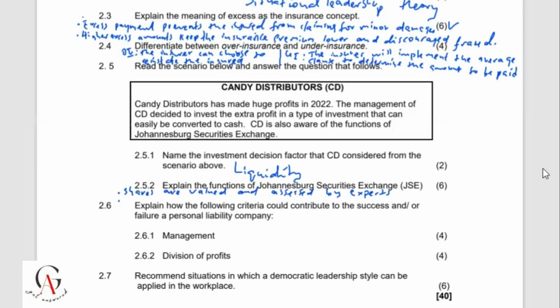And also, we are saying that it regulates the market for dealing with shares.